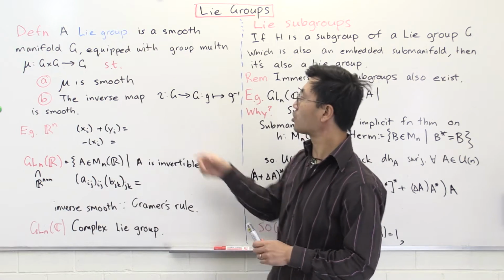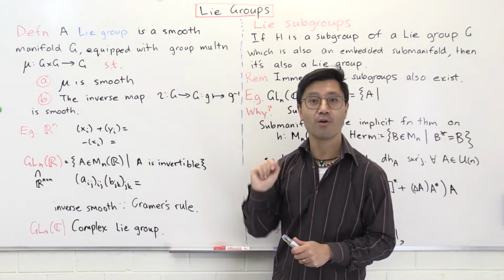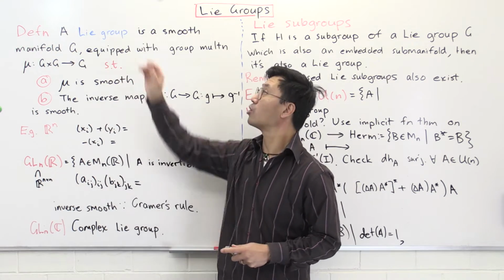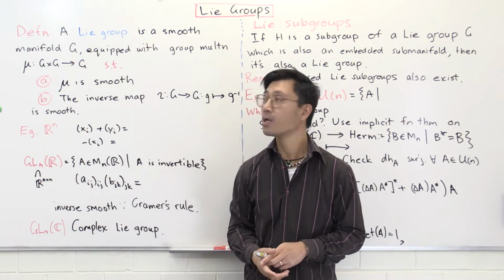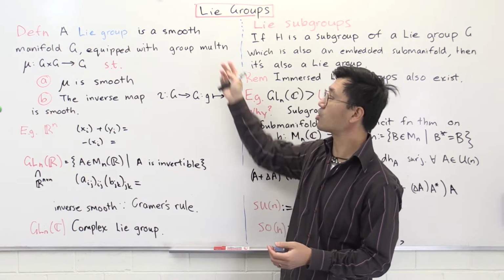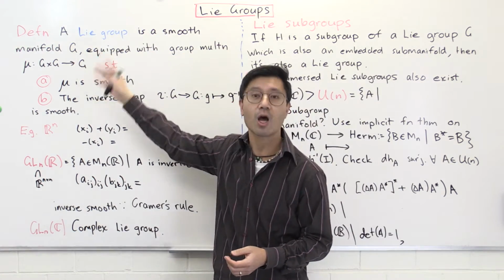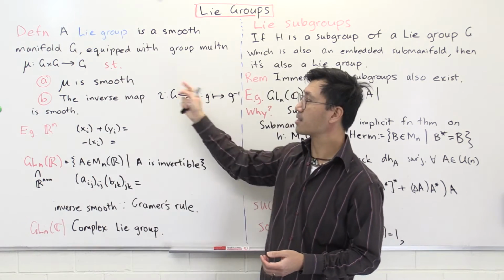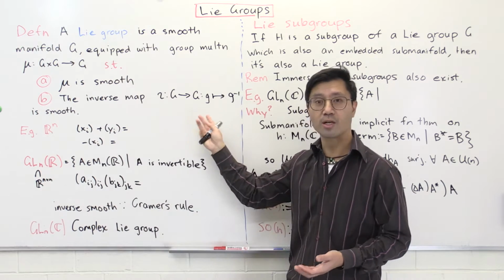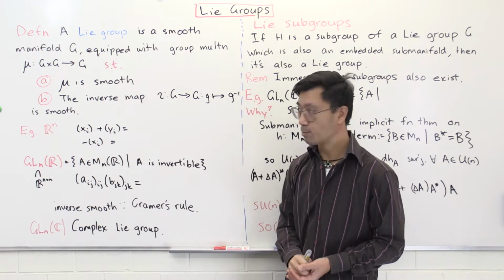Since you have a map between manifolds, you can ask whether that is smooth, and that's the second axiom that you want for a Lie group. So that's the definition of a Lie group. It's simple enough. It's essentially a group with a manifold structure, and those two are compatible in the sense that the group multiplication is smooth, and also the inverse map that you naturally have from a group is smooth.